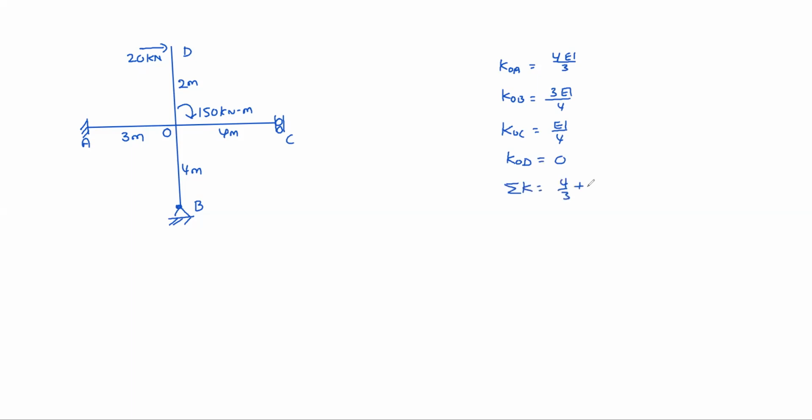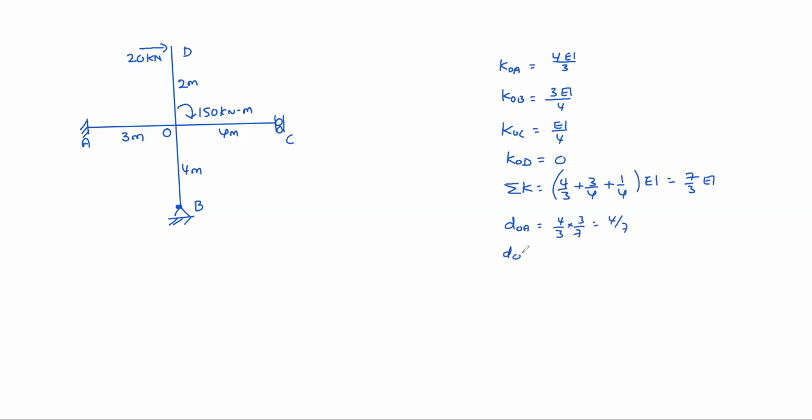So sigma K is 4 by 3 plus 3 by 4 plus 1 by 4. 3 by 4, 1 by 4, 1. 1 plus 4 by 3, 7 by 3. So distribution factor of OA equals 4 by 3 into 3 by 7, 4 by 7.